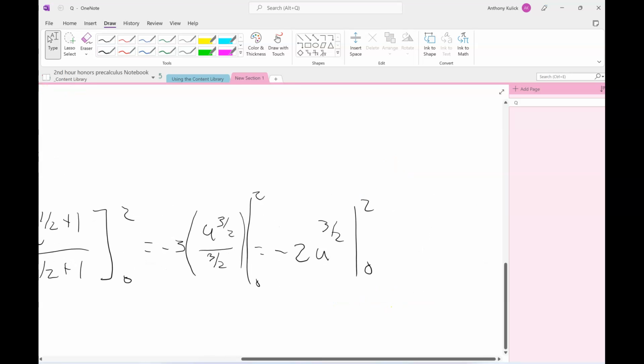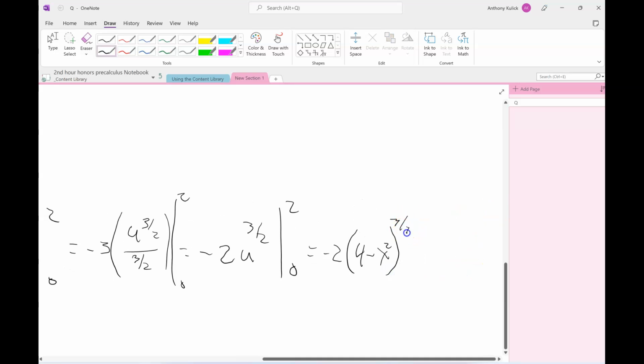Everybody's okay there? Now, I didn't mess with my limits of integration, so either I would have to convert those so that it's in terms of u, or what I prefer to do is I'm going to dump the x back in there. Is that okay?